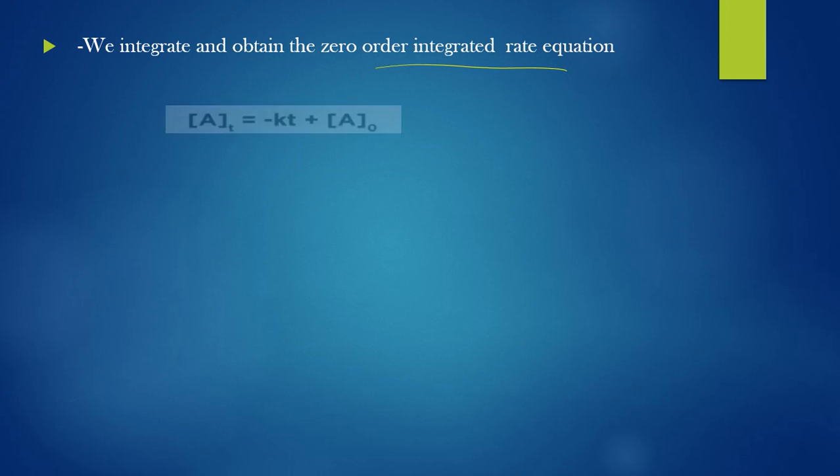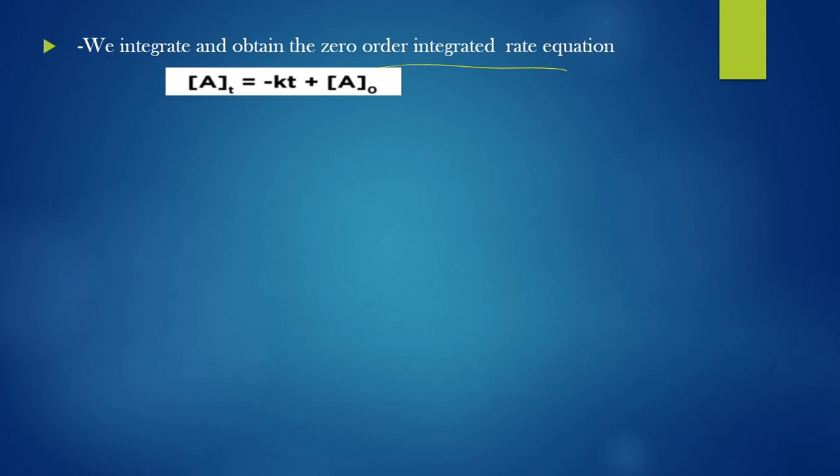So after doing the calculus, we come up with this integrated rate equation for the zero order, where the equation takes the form of a straight line, where this is y, and this m is the gradient, which is the slope.